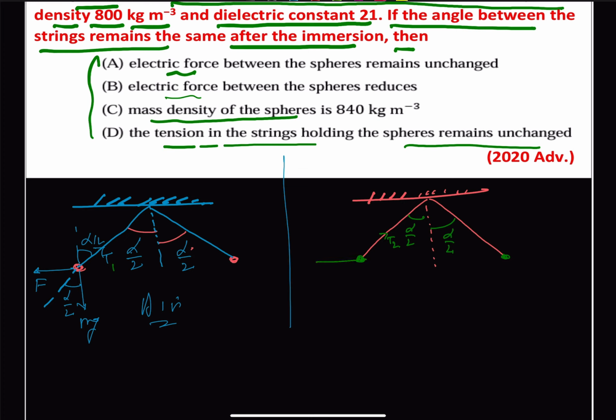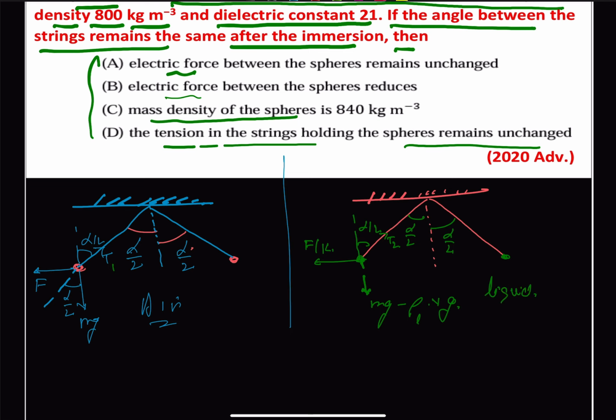And there will be a force because of, suppose the dielectric constant is K, so force becomes F by K. And the angle will be alpha by 2. In the downward direction, because upward there will be buoyant force, we are going to have net force, that is mg minus the density of the liquid times volume displaced multiplied by g. And tension is our T2. So this is our liquid.